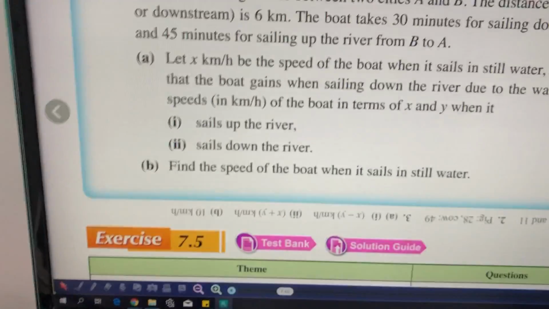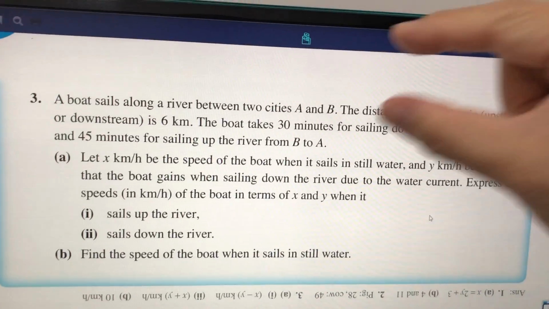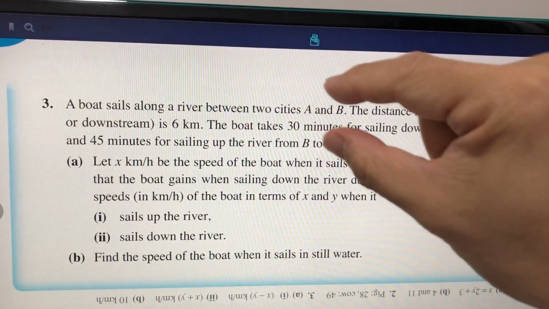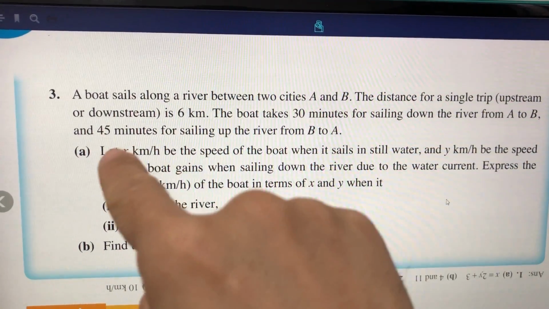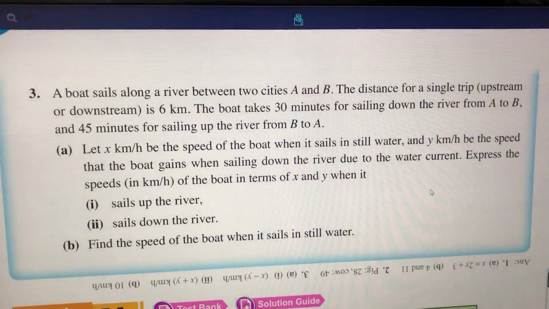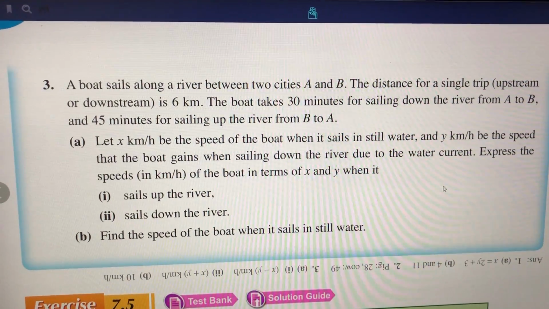And then for part B, we go back to the first 3 sentences to take out the values we need, the 6 kilometers, the 30 minutes, the 45 minutes, to find another representation of the speed of the boat.